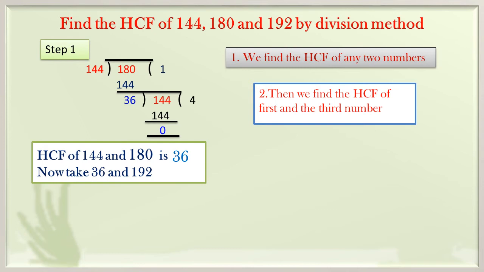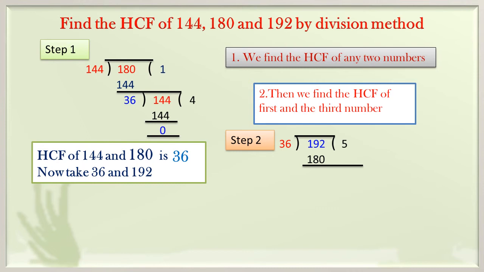Now take the HCF of the first two, that is 36, and the third number 192. Step 2. Now 192 is the greater number. 36 is the smaller number. Now we follow the first rule, divide the greater number by the smaller number.